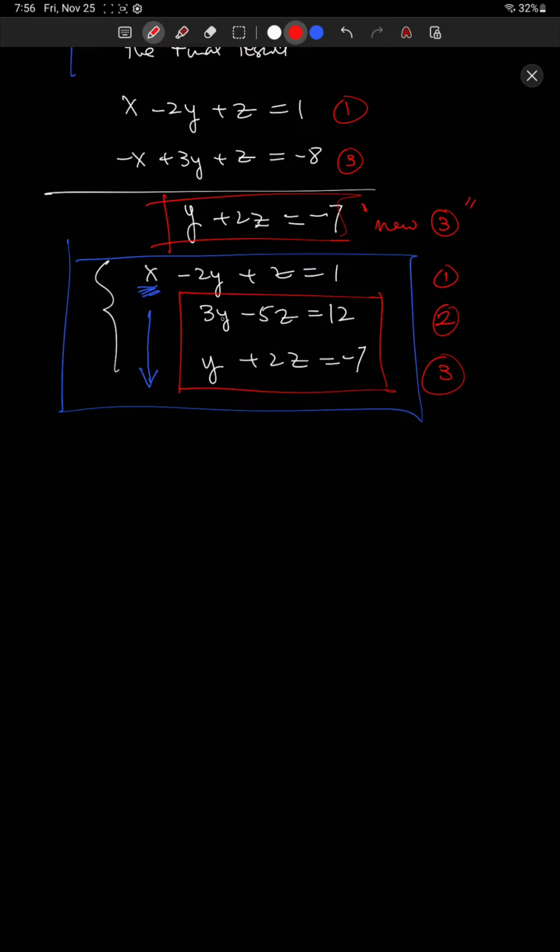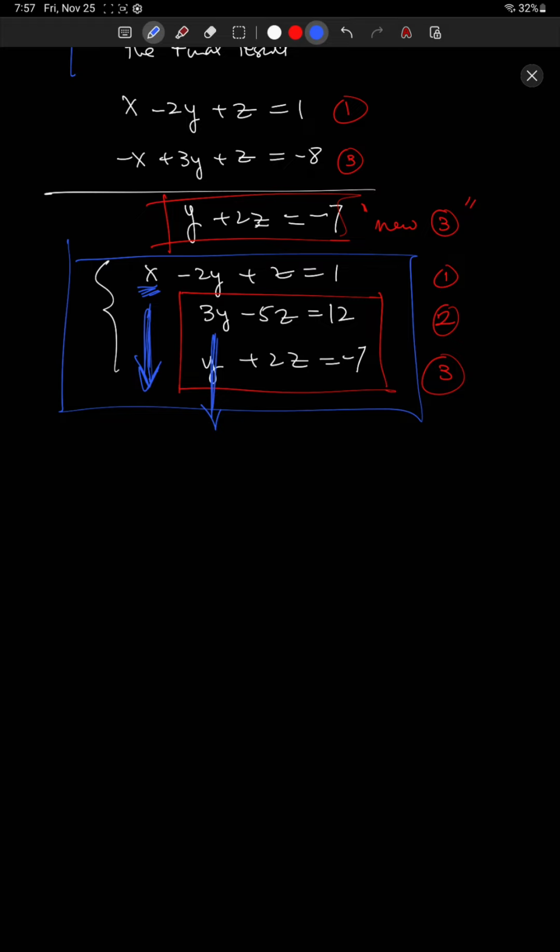What I mean by that is this 3y, we're going to use that to clear everything under it. So we're going to use this 3y to clear that y right there in equation 3. And if there was an equation 4, we would use 3y to clear the y in equation 4, and so on. When we were working with x, we were clearing everything under that first equation. Now we're going to clear everything under that second equation, and so on.